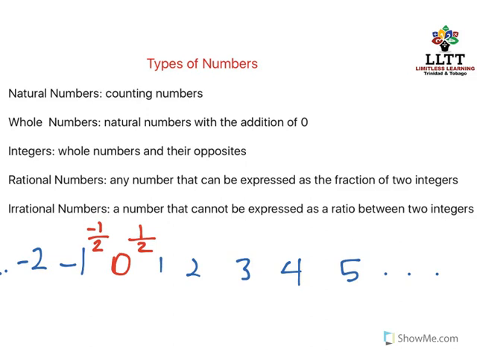The number 2, which is a whole number as well as a natural number and an integer, can also be a rational number because 2 is the same thing as 2 over 1. Because I'm able to express the number 2 in the form of a fraction with two integers, it means that it's also a rational number.